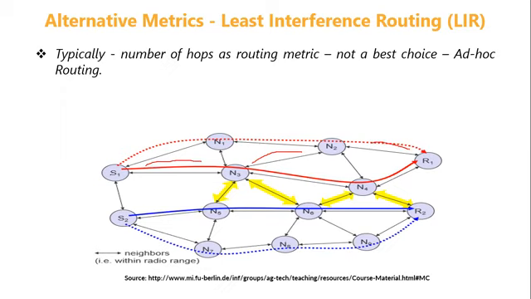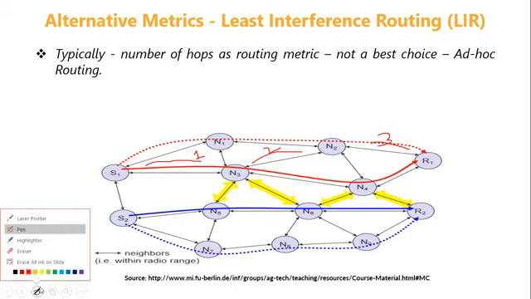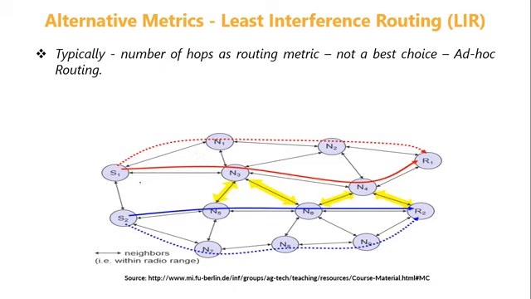So if you are trying to find a path from S1 to R1, then this path, S1 to N3, N3 to N2, N2 to R1, has three hops. This is hop 1, this is hop 2, and this is hop 3. So a typical routing algorithm will work based on the number of hops, and it will always try to minimize the number of hops.